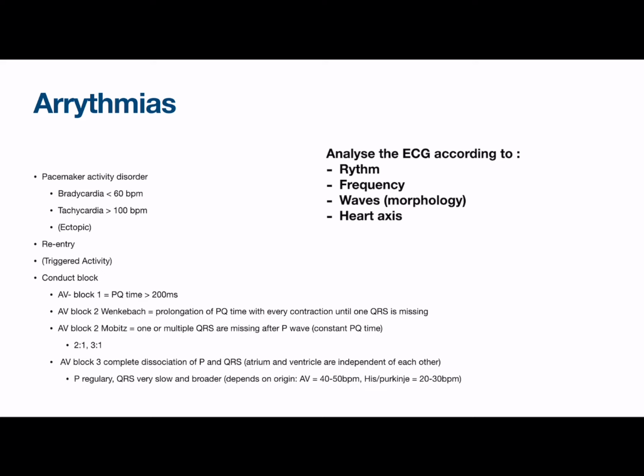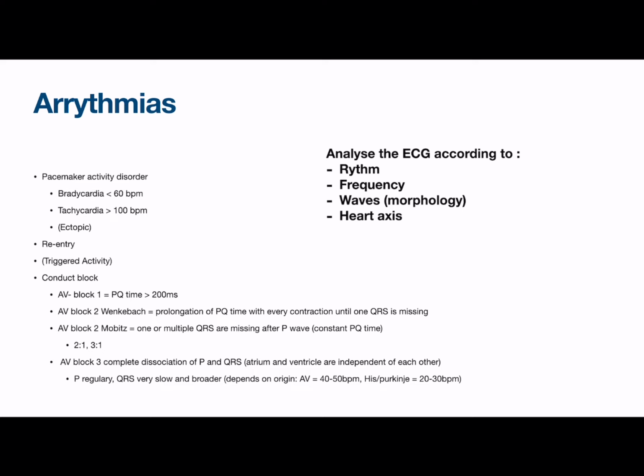Then we can look at the waves, which is not that important yet, but for example, if the QRS complex is larger than 100 milliseconds, it means that there's a pathology. And we can look at the heart axis, which we just talked about in the last slides.